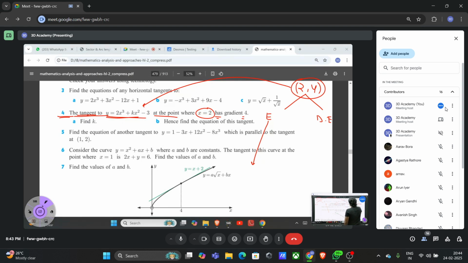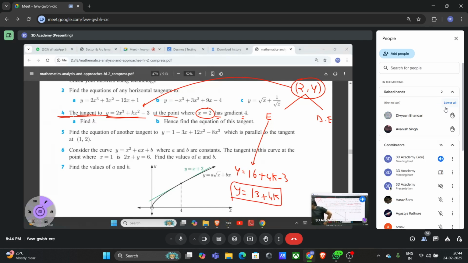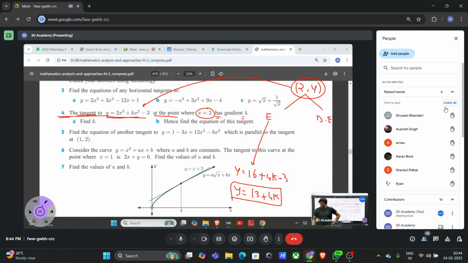So that is 2 cubed, 8, 8 twos are 16. 16 plus 2 squared is 4, 4k minus 3. So I get one equation as y equals 13 plus 4k. How many of you understood this part, guys? Please raise your hands. I have just put the given point in the given curve, right?